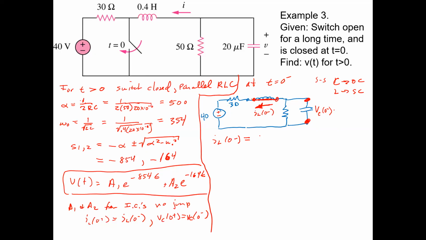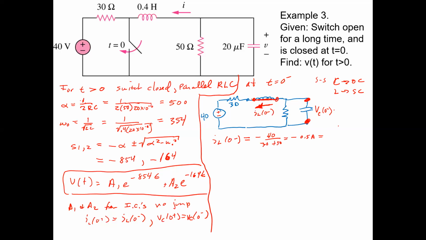So IL of 0 minus is going to equal minus 40 volts over the sum of those two resistors, right? Because it's actually just a single loop. The inductor is a short, capacitor is an open circuit, so all the current is going to be flowing through the 30 and the 50 ohm resistor. So minus 40 over 30 plus 50, that's going to equal minus 0.5 amps.